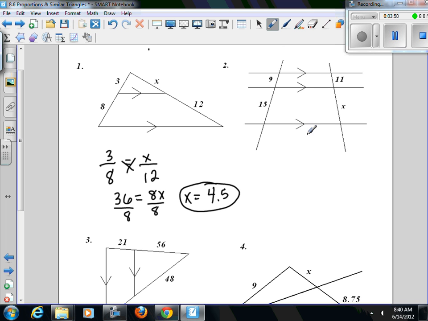All right. Now this is very similar. The next one, number 2, is similar to the previous one. We're given that these three lines are parallel, cut by the two transversals. So we have 9 over 15 is equal to 11 over x. And we want to cross multiply. So we have 9x is equal to 11 times 15, which is 165.